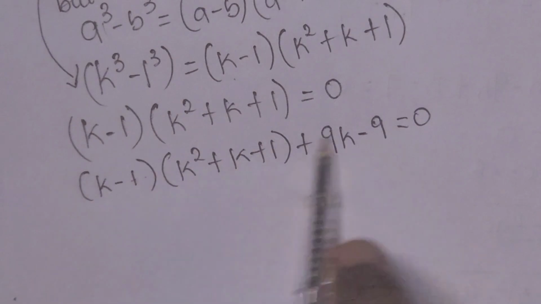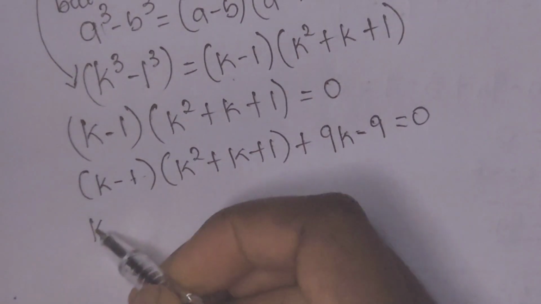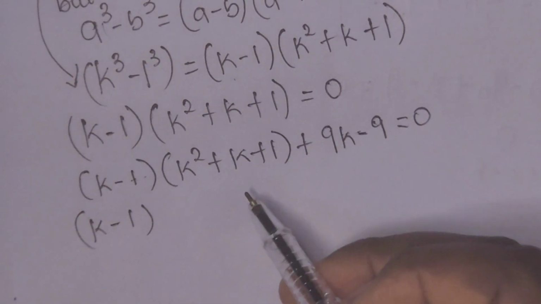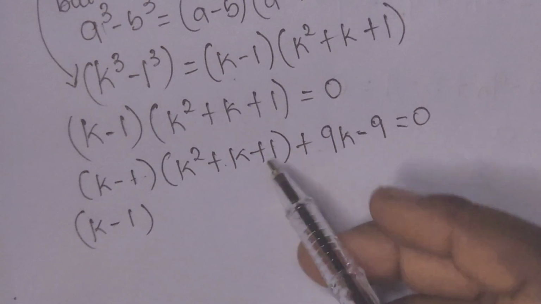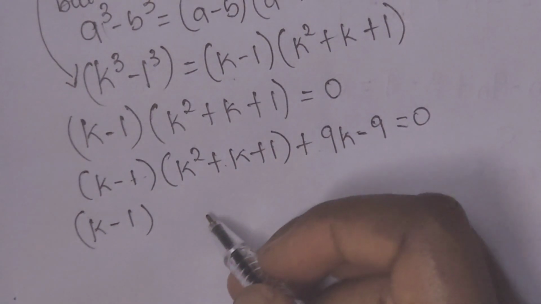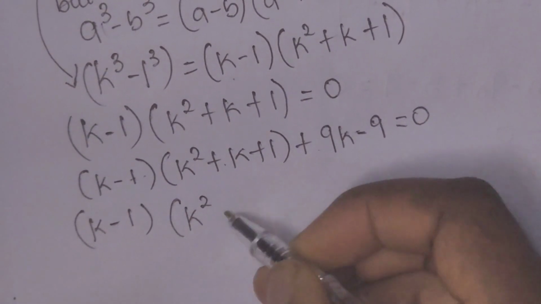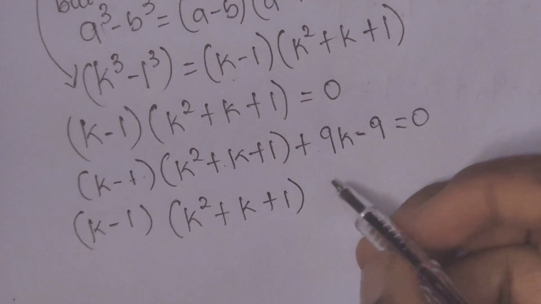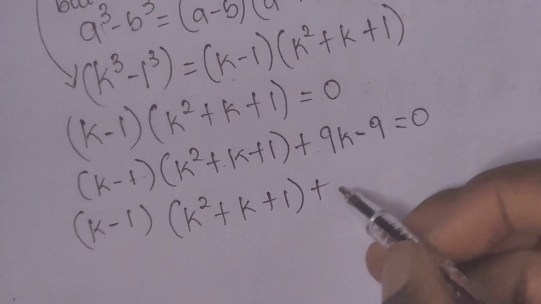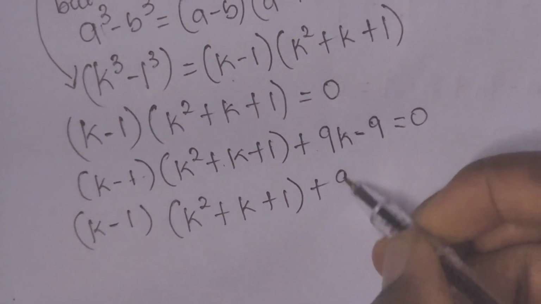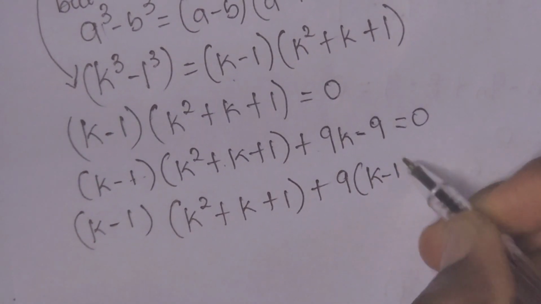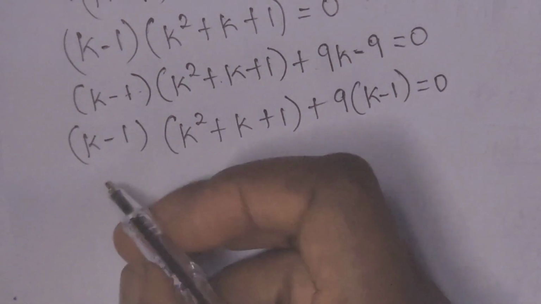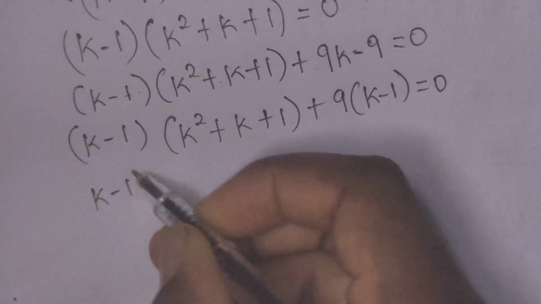So from here we'll now simplify. k minus 1, adding this with this, we'll be having k squared plus k plus 1, plus, let's factor out 9 from here. We have 9 times k minus 1, equal to 0. So this will now be k minus 1.